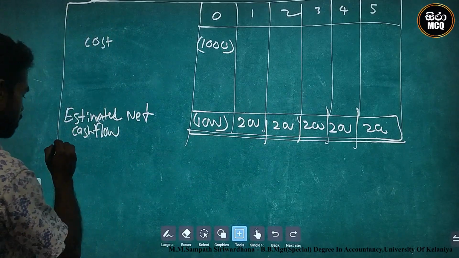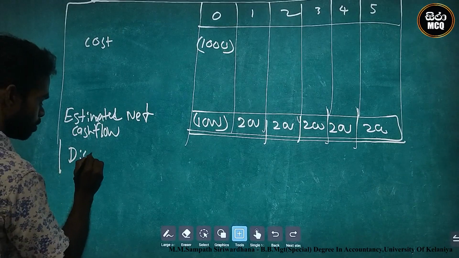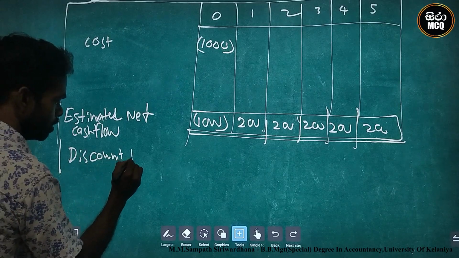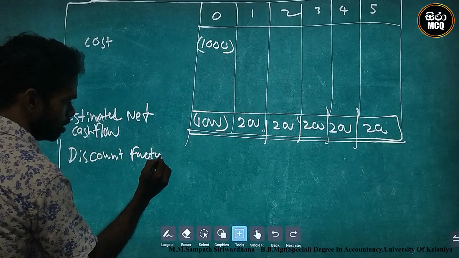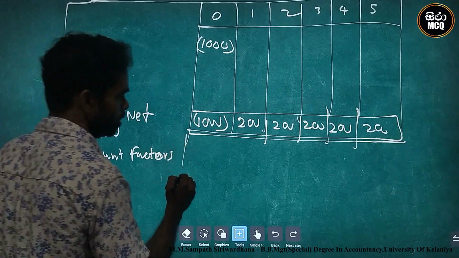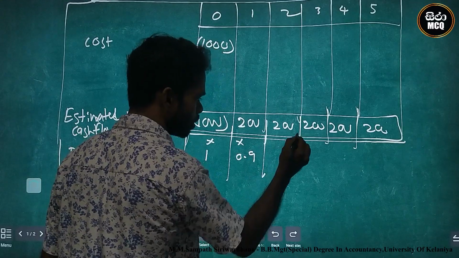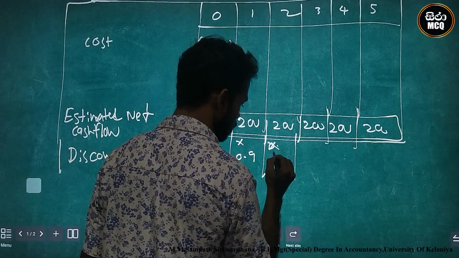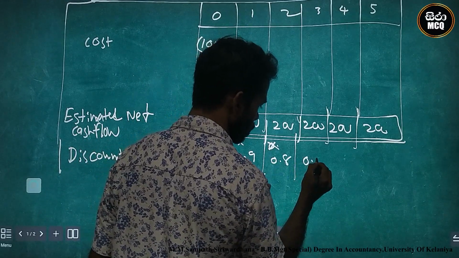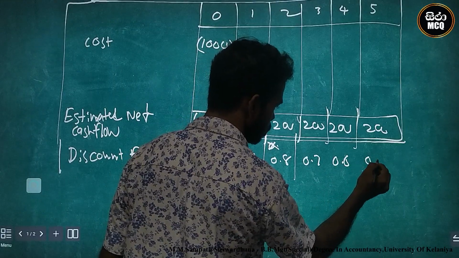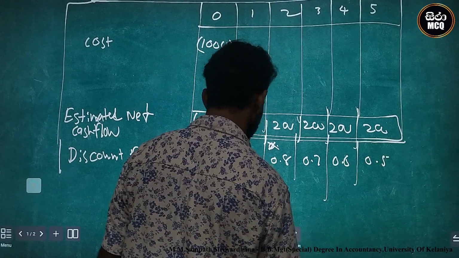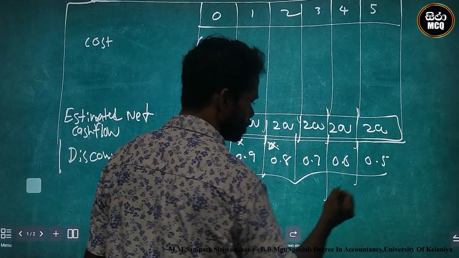Why? Look here. These are the discount factors. I assume 10%: 1, multiplied by 0.9, 0.8, 0.7, 0.6, 0.5.